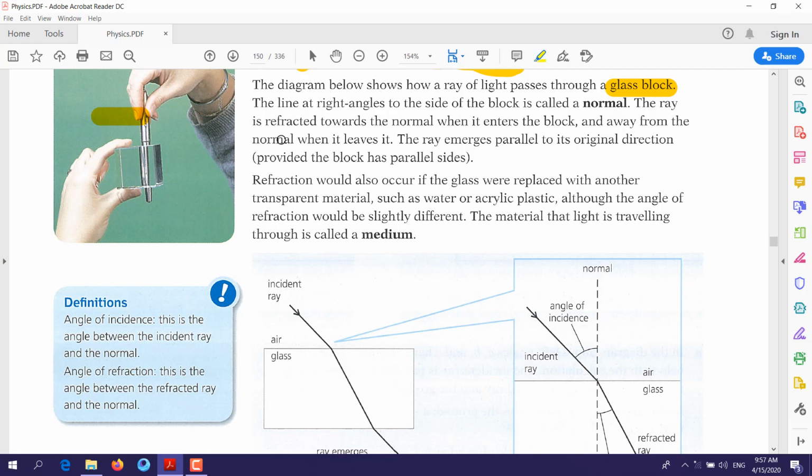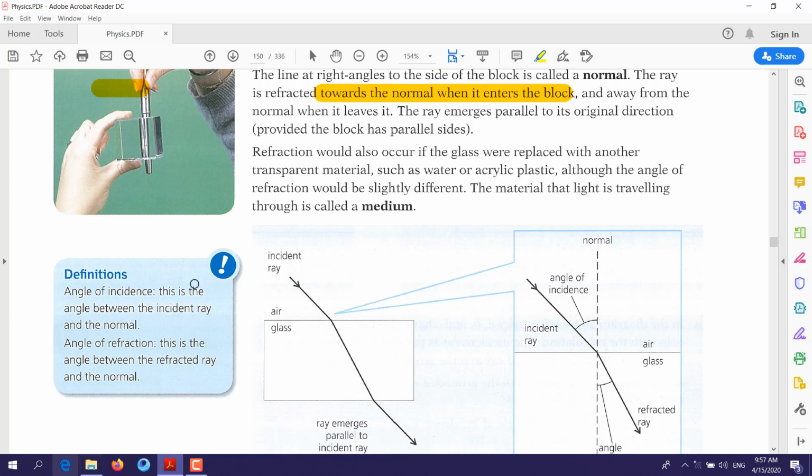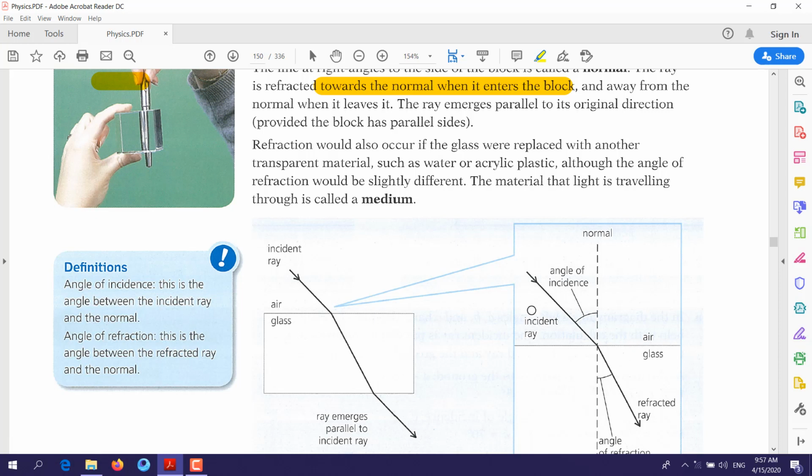Okay, the ray is refracted toward. Here you need to focus on these two words. The ray will refract toward the normal when it enters the block. Here is the light ray when it's in air. When it enters the glass, see what happened? It bent.